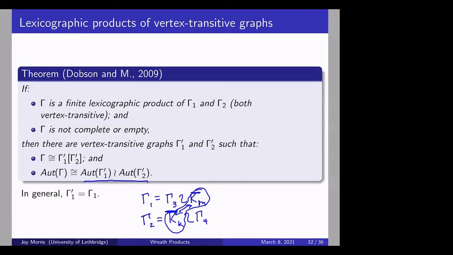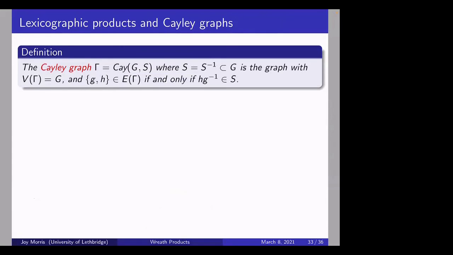So I want to spend a few moments on lexicographic products and Cayley graphs. If you don't know what a Cayley graph is, I've given the definition here, but I'm just doing one slide on this, so I'm not going to go through the definition or dwell on this.